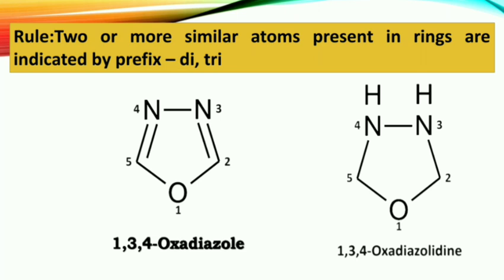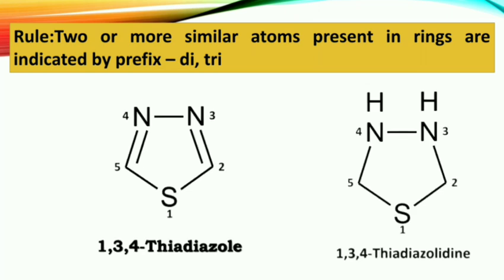So the names are 1,3,4-oxadiazole and 1,3,4-oxadiazolidine. You have to remember that when two or more similar heteroatoms are present in the ring, they are indicated by a prefix such as di and tri.